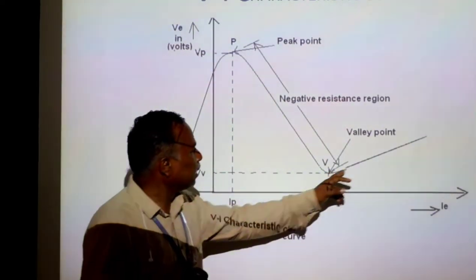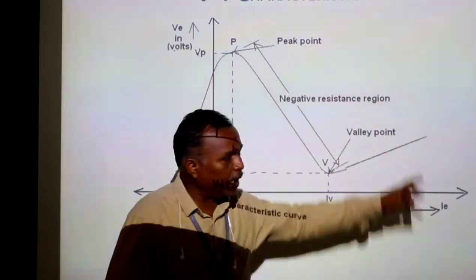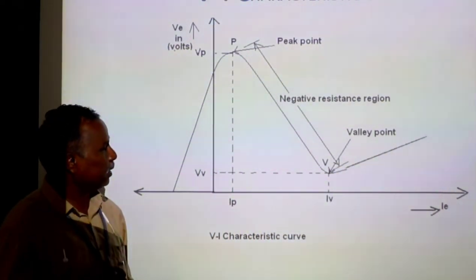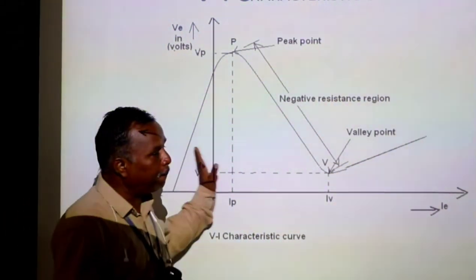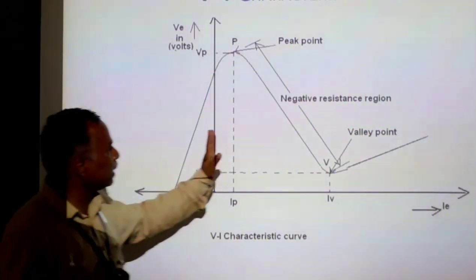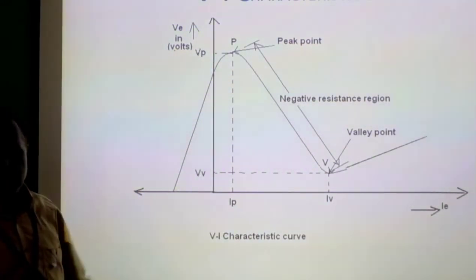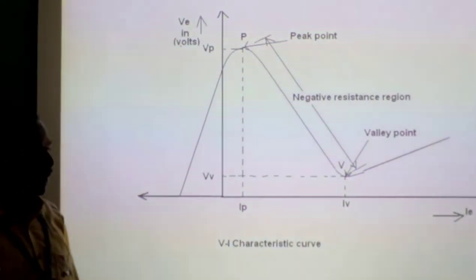After that, this is the saturation region. After the point IV, the diode acts in saturation. Therefore, there are three parts in its operation: one is cutoff, another is negative resistance, and another is saturation. These are all the operating regions of the UJT.